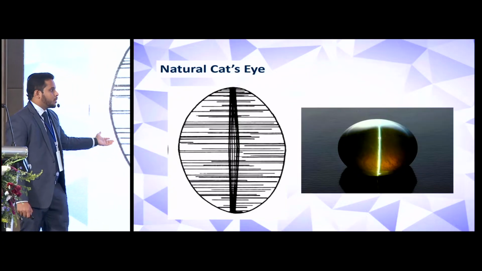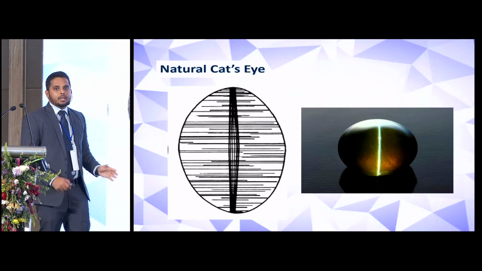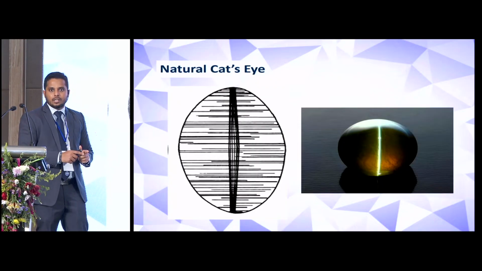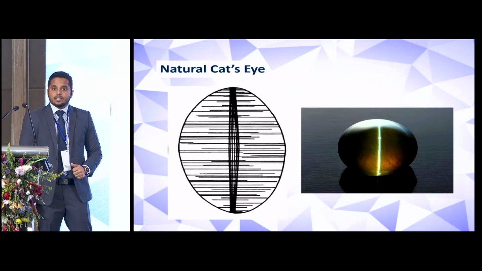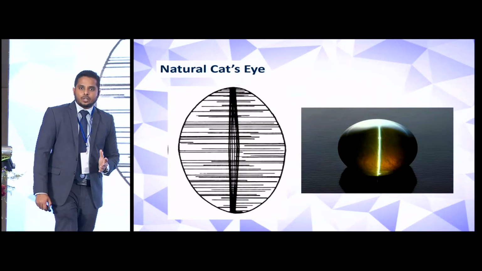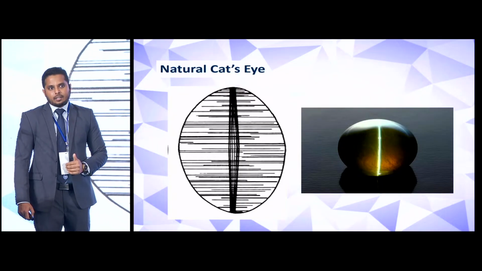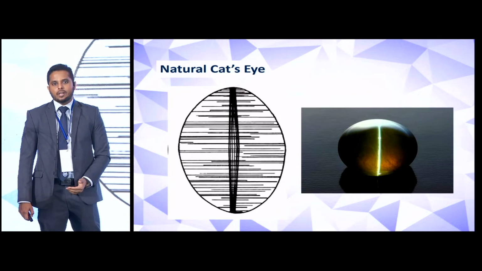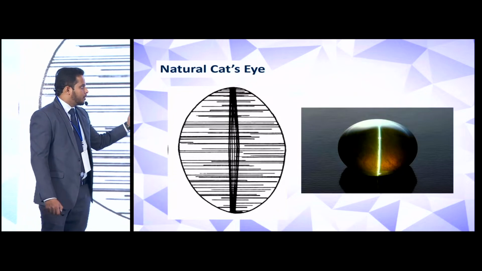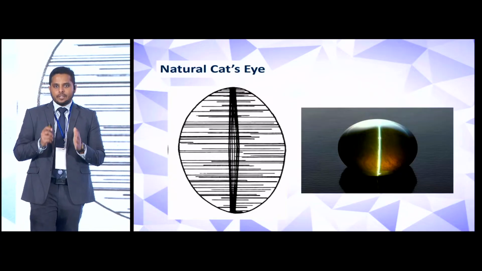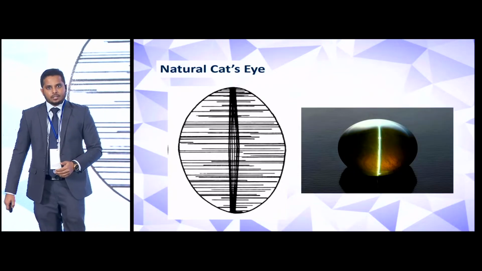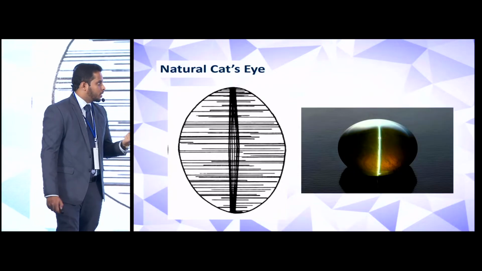In natural gemstones, those needles are very fine, so you will not be able to see such a structure. This is the easiest way you can differentiate your glass cat's eye. This can be done anywhere, even if you're buying on a street. This particular feature is very much visible to the naked eye as well as with your optivisors. That's why I wanted to highlight this.